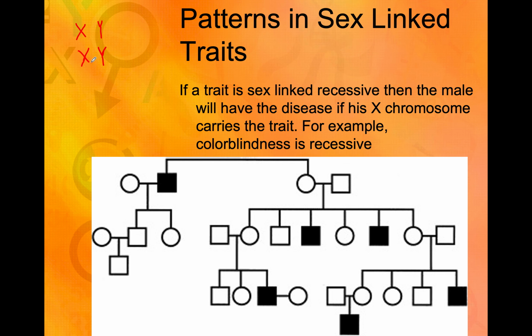And if it's a colorblind trait, we're just going to put a C on the X. That's it, okay? So this is a colorblind male. This is a normal male.